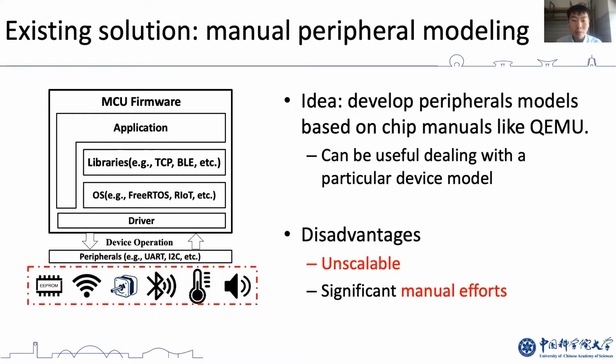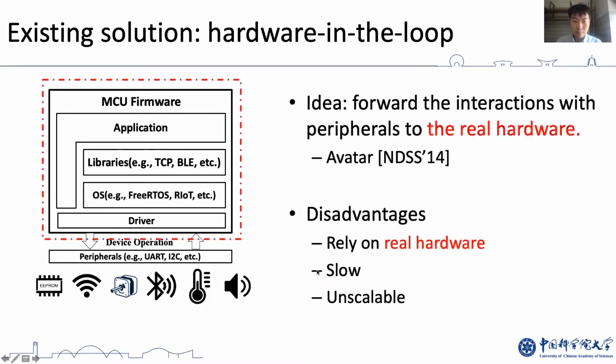Besides, such an approach requires significant manual effort to add new peripheral hardware. Then, some researchers proposed a hardware-in-the-loop solution, which does not emulate peripheral function, but forwards the interaction with the peripheral to the real hardware. However, such an approach still requires real hardware, and the testing speed is very slow and unscalable.